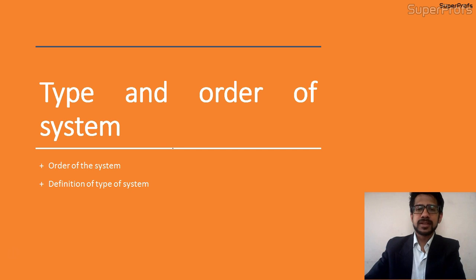Type and order of the system are also kinds of system classified according to the characteristic equation of a transfer function. Let us see order of the system and the definition of type of the system.